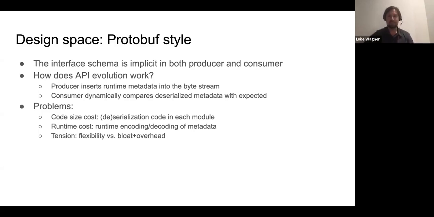There's a tension that you see because protobuf isn't the only protocol. There are probably 5 options in this space, and so there's a tension between how much flexibility you allow in the evolution versus the actual bloat and overhead required to deal with this on the decoding side. And there's a certain inflexibility, which is that once you stamp this binary format out, you really have to stick to it over time, or it's a big change to change the version of the binary format in a breaking way.